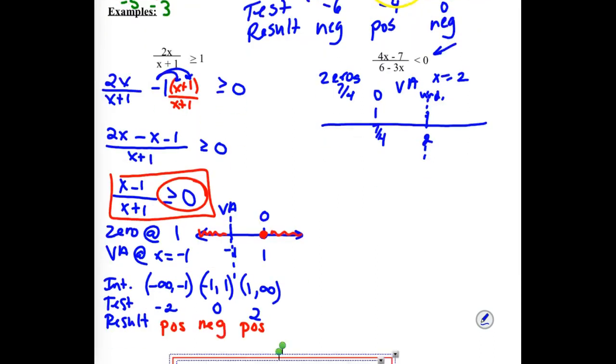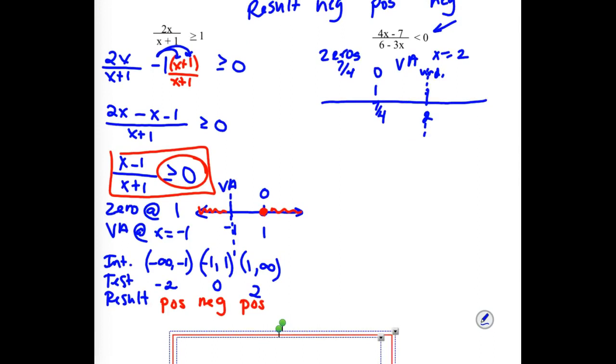All right, so thinking about my chart. My first interval would be from -infinity up to 7/4. As a decimal, what's 7/4? 1.75.